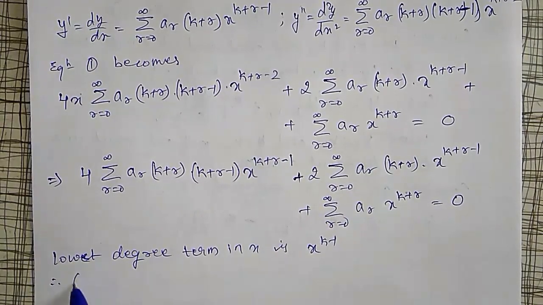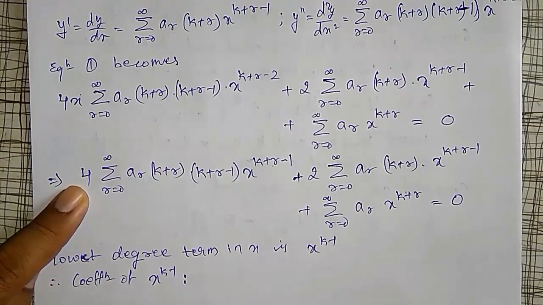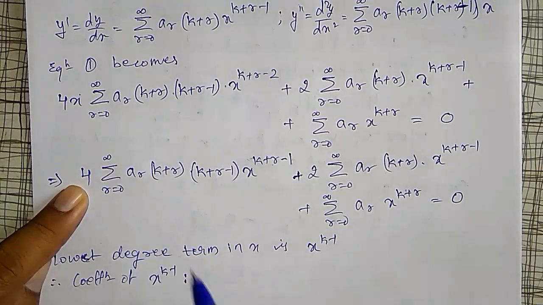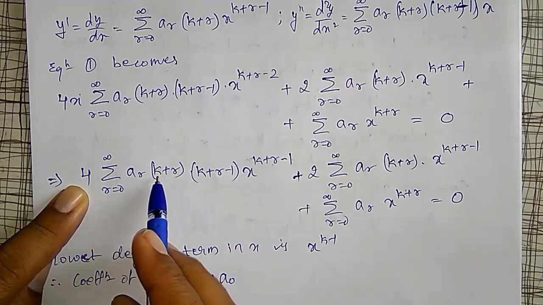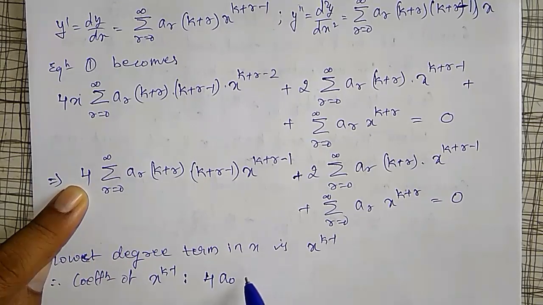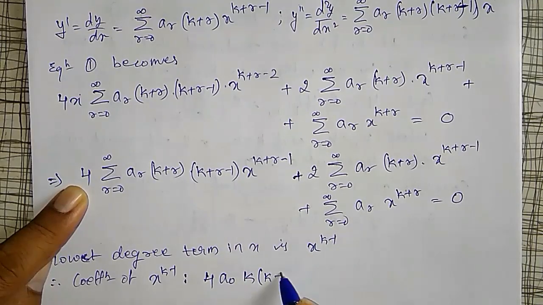Therefore, the coefficient of x to the power k minus 1, by putting r equal to 0, is 4 times a naught into k plus 0, that will become k, and here k minus 1.